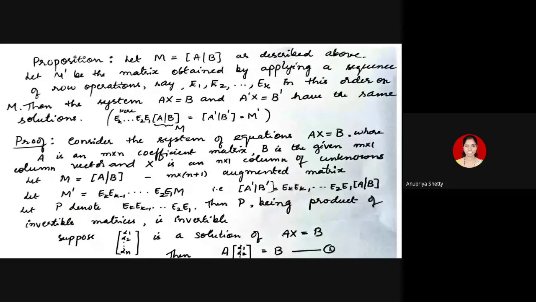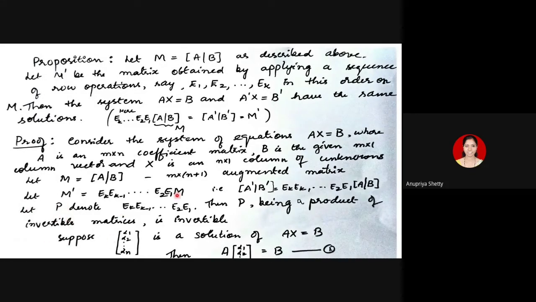Maybe "being a product of", because I need not apply row operations in the same order, right? I might have interchanged two rows first, and you might have performed some other operation, multiplying a row. So E1 is not unique. E1 depends on which operation you have applied first. So being a product of invertible matrices, P is invertible.